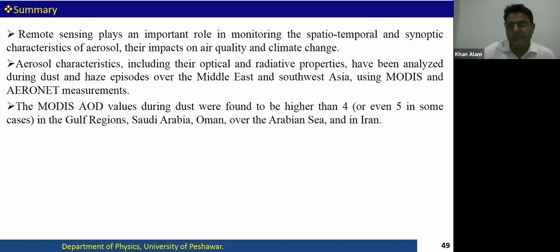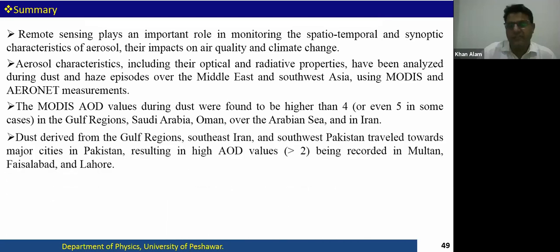We also used some data from HYSPLIT and some CALIPSO observations as well. And we see that the aerosol optical depth concentration was higher during the dust episode over this region.